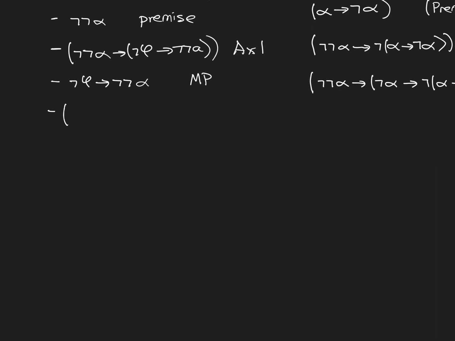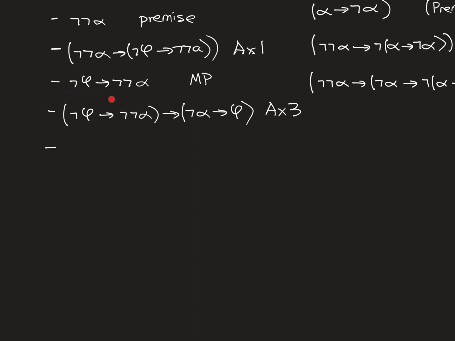So our B is going to be phi, so we'll have not B, which is not phi, and our A is going to be not alpha, so we'll have not A, which is not alpha, implies, and then A implies B, so not alpha implies phi. And so that's by axiom 3. And then we'll apply modus ponens.